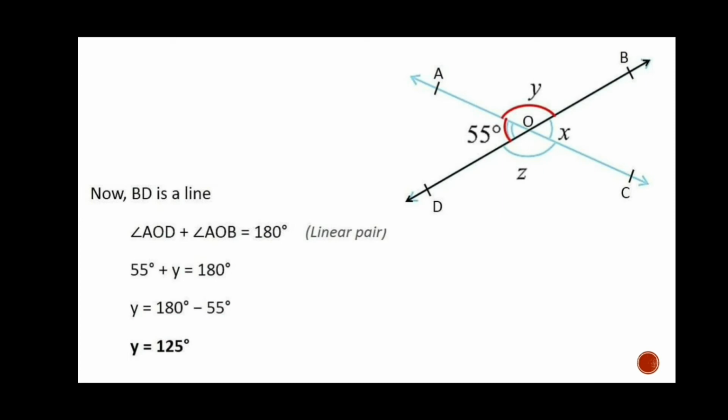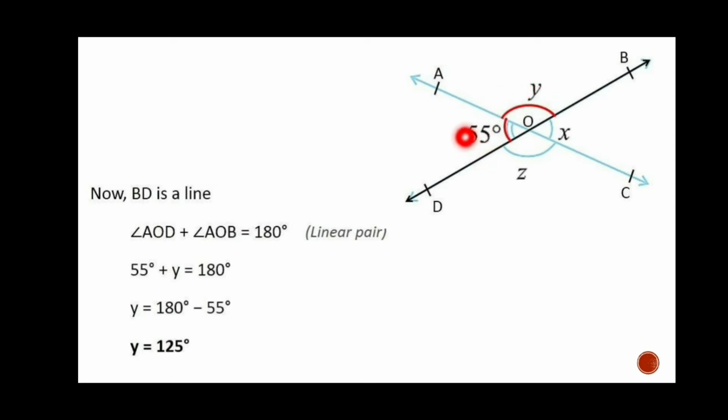Now in the next part we will see how we will find angle y. So you can see that BD is a straight line, and the two angles on this line are angle y and angle 55.